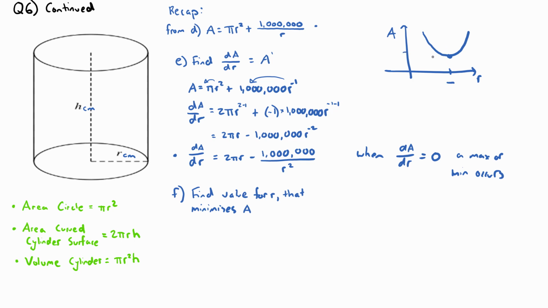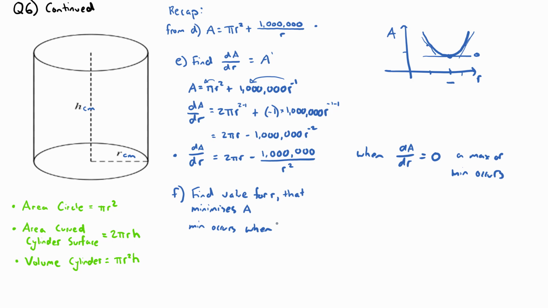The gradient of this graph at this point will be 0, and the derivative formula gives us the gradient of the graph. If we took this point here, for example, the gradient would be a negative number. At this point, the gradient would be a positive number. But when the derivative is equal to 0, a min or max occurs.